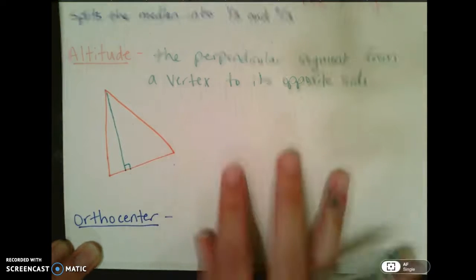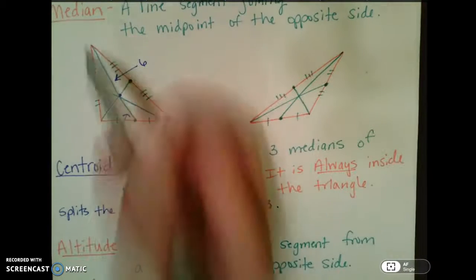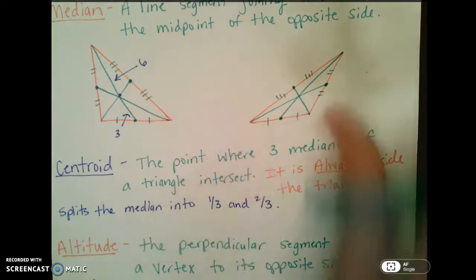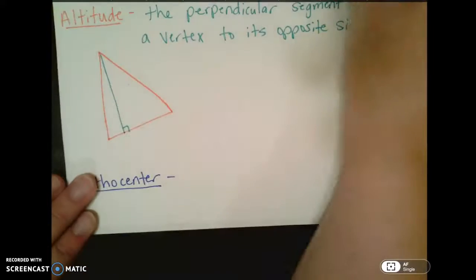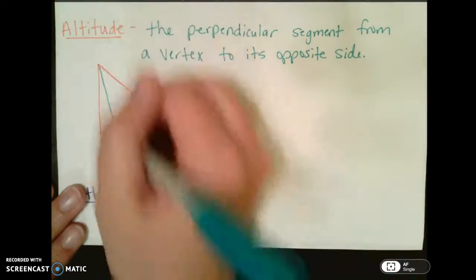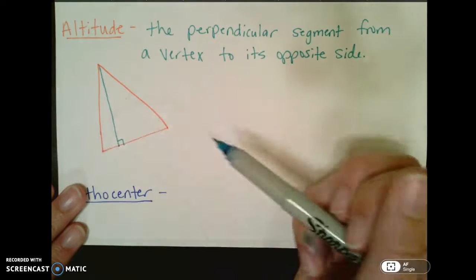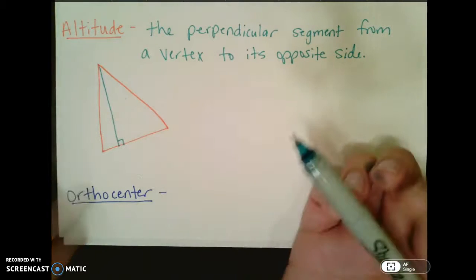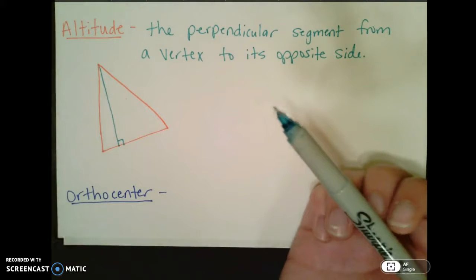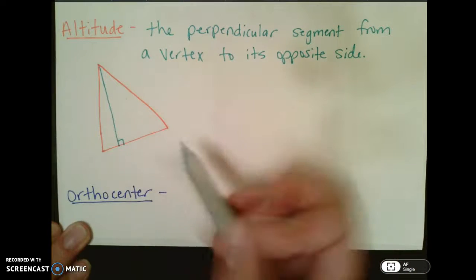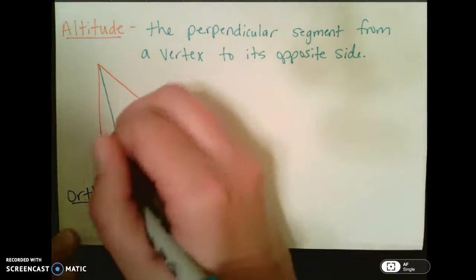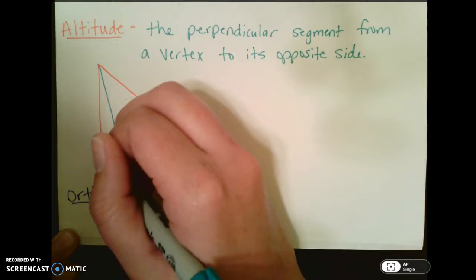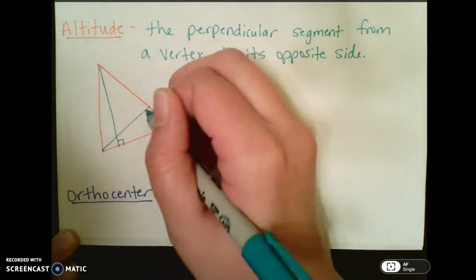Okay, so an altitude doesn't necessarily split it in the middle. So remember, a median intersected at the midpoint. That is not true for an altitude. An altitude intersects anywhere that's going to be perpendicular. It means it's going to form a right angle. So if I do from this vertex to this side, and I need a right angle, maybe there.